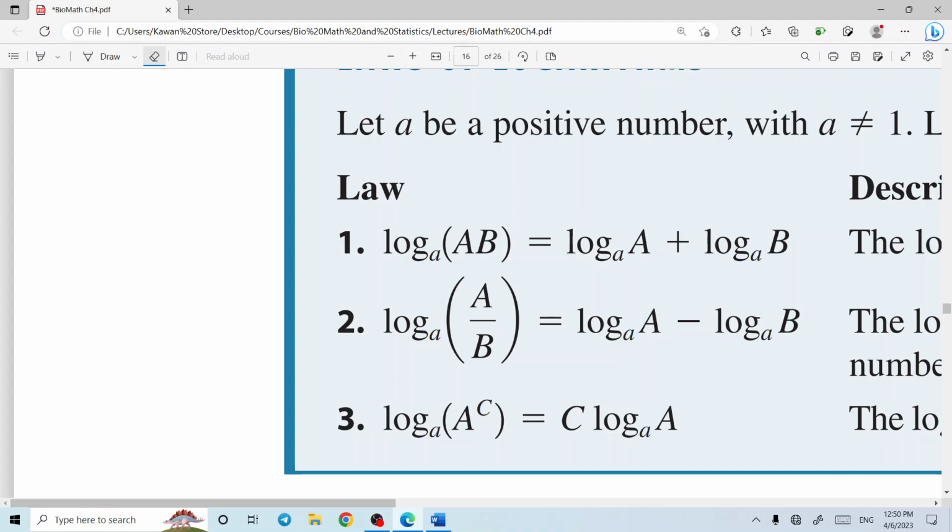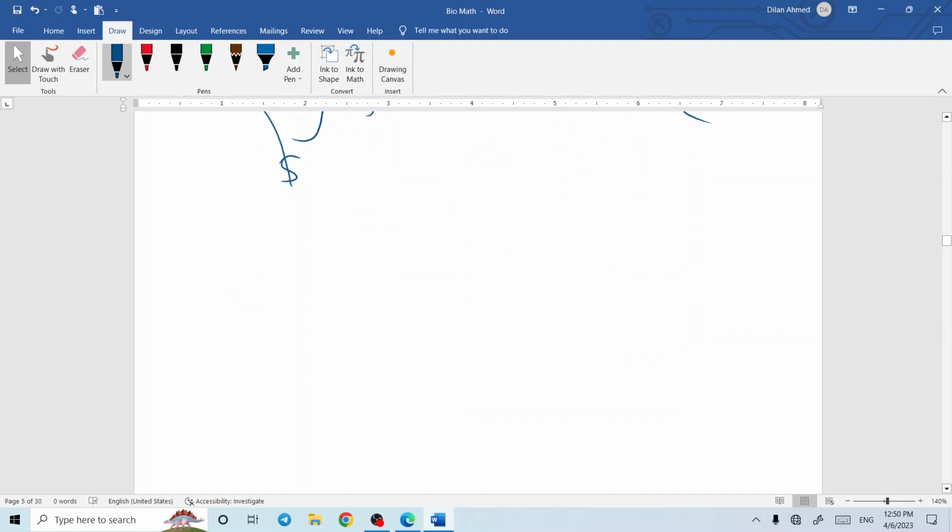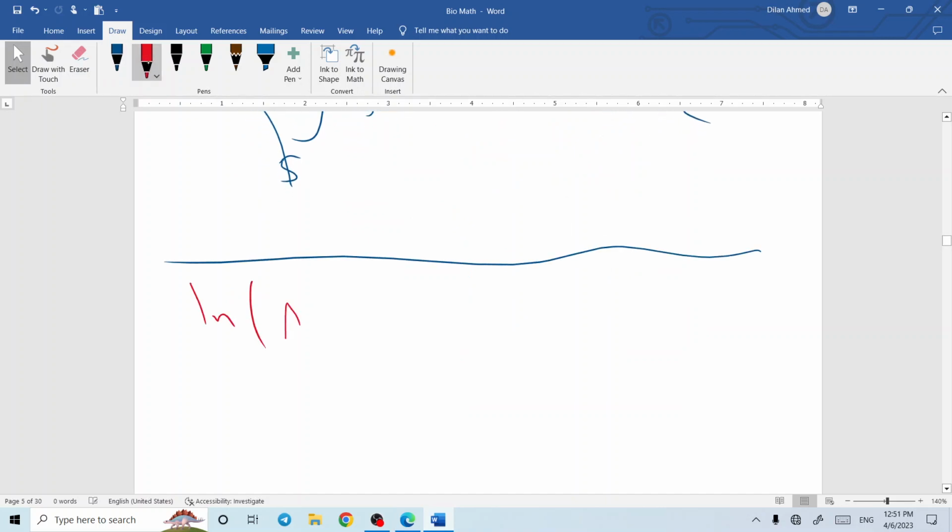Okay. So tell me, ln of A plus B equals what? ln of A multiplied by B. This is the first answer. Any other answer?